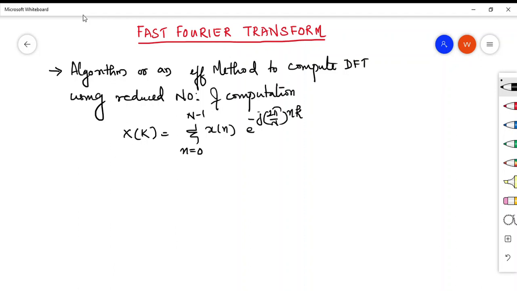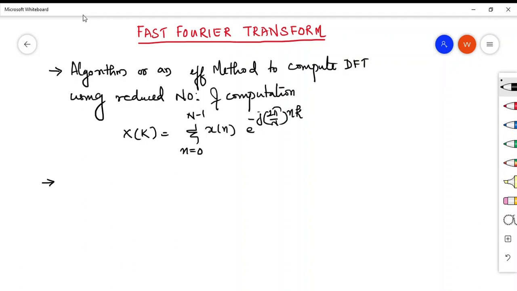Now, if you see this equation, for finding the DFT of a particular sequence, for one value of k you have N multiplications and N minus 1 additions.